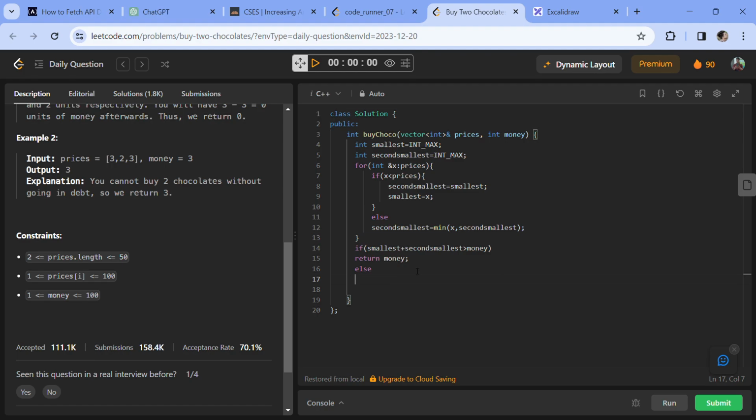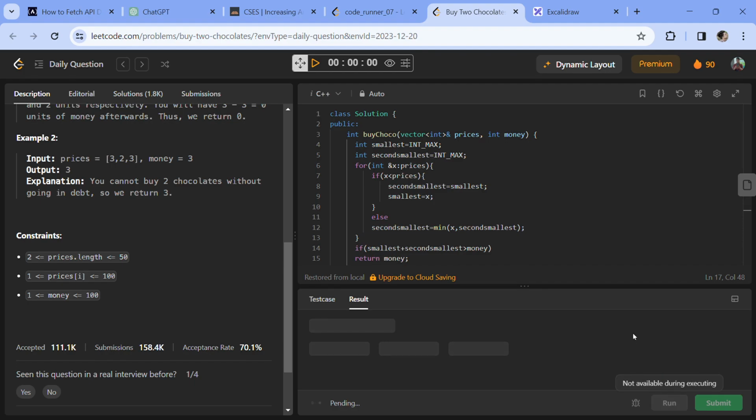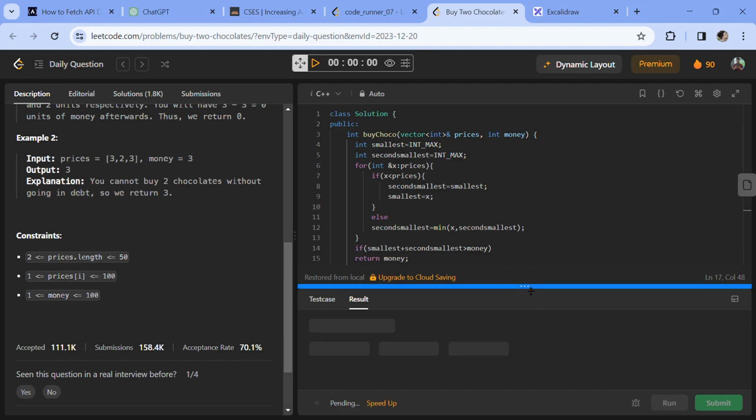Else we return the difference, that is money minus the smallest plus second smallest. There will be a plus sign, sorry, by mistake. So simply we return that.